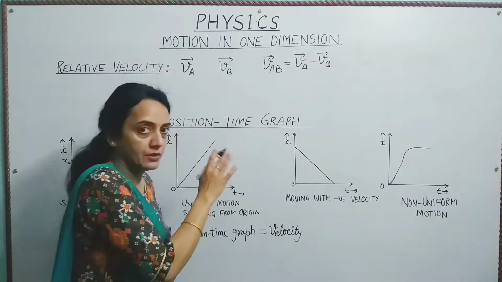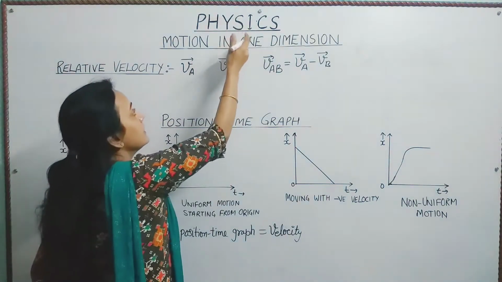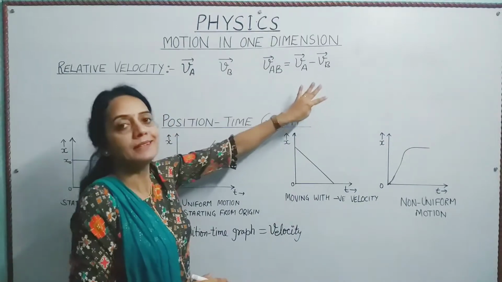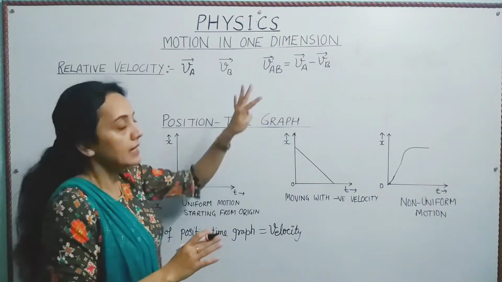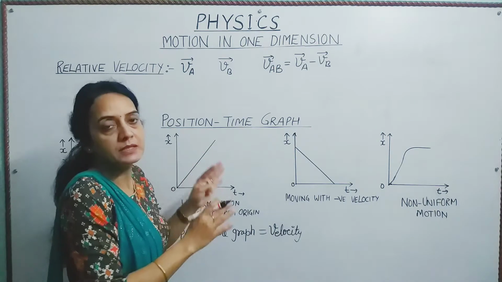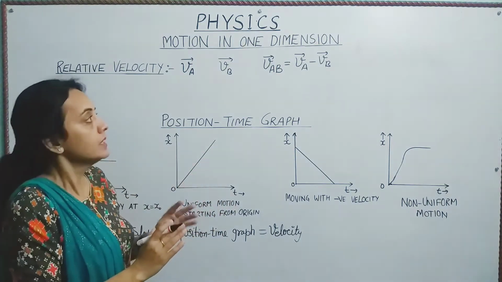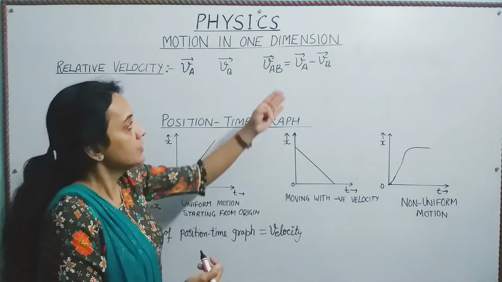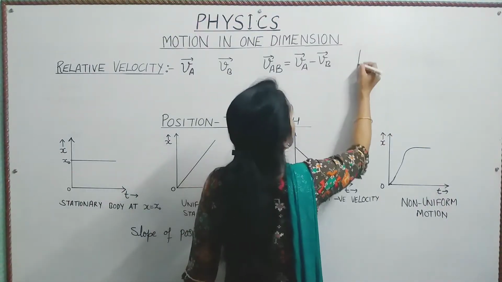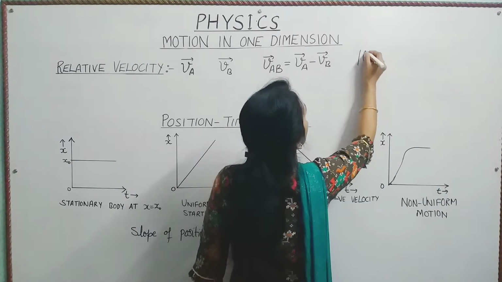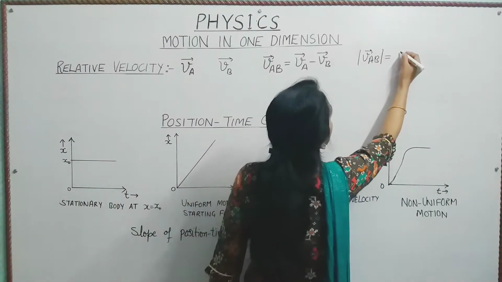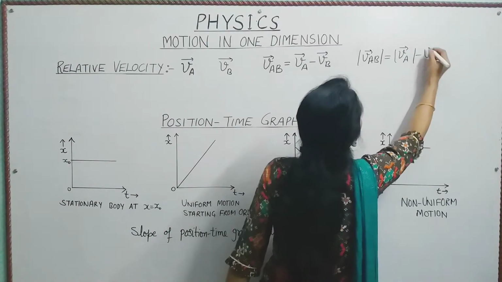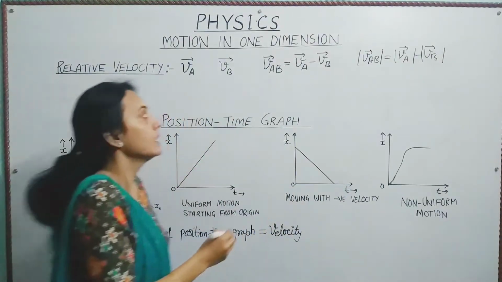This is in vector form. Actually, we are only talking about motion in one dimension, so I will directly write the magnitudes. Otherwise, the proper way is using vector algebra. Since in one dimension the angle is either 0 degrees or 180 degrees, the magnitude of relative velocity will simply be the magnitude of A minus the magnitude of B.